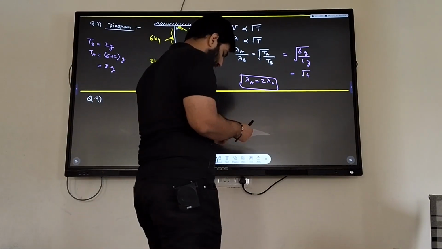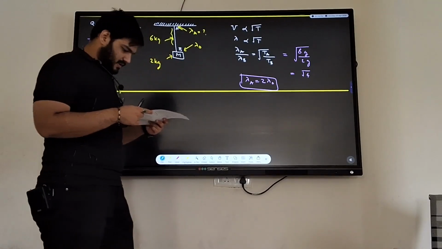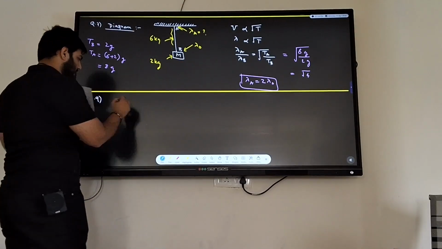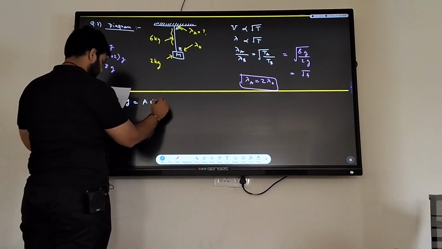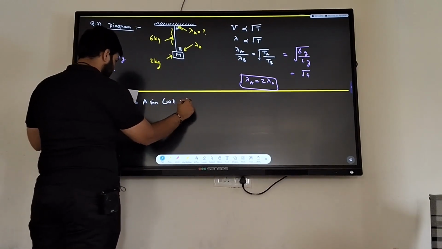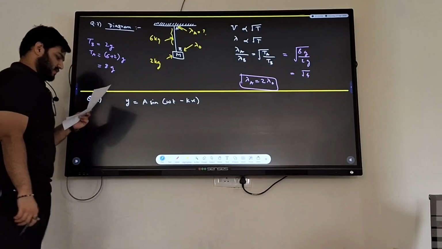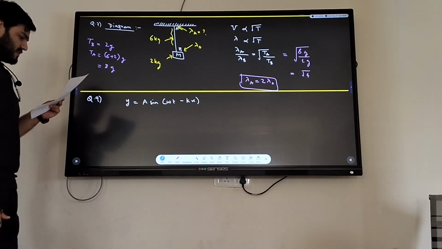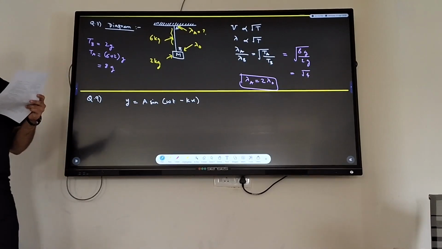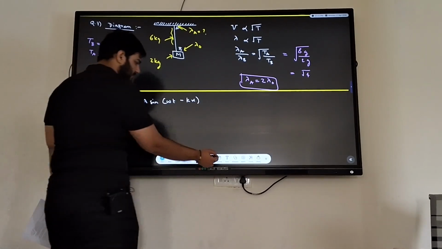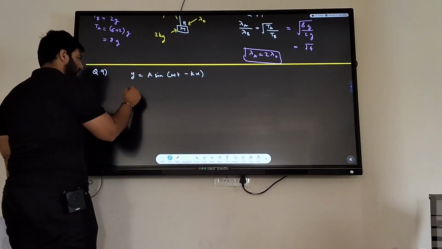So I think in the question it is asked the wave is described by y equal to a sin(omega t minus kx). At all these points they are asking to find the velocity and acceleration. So for finding velocity and acceleration I should differentiate.